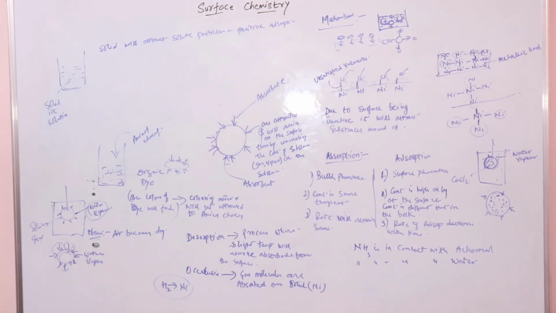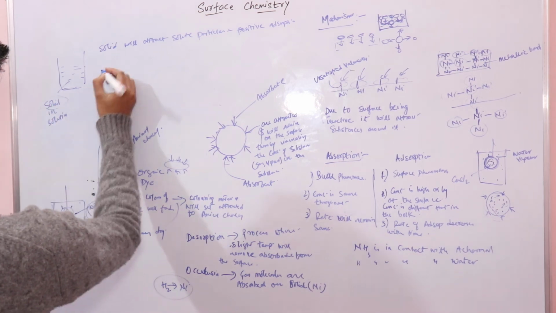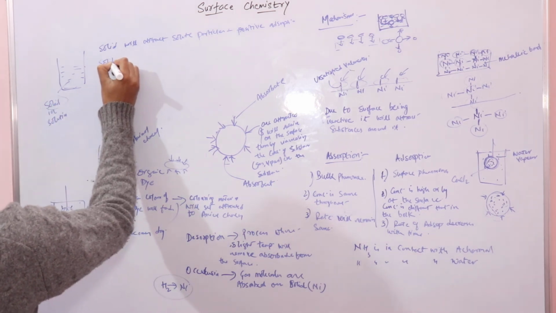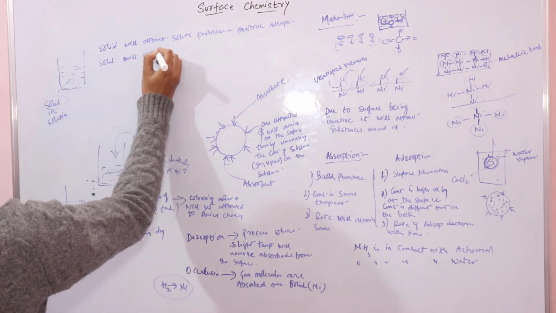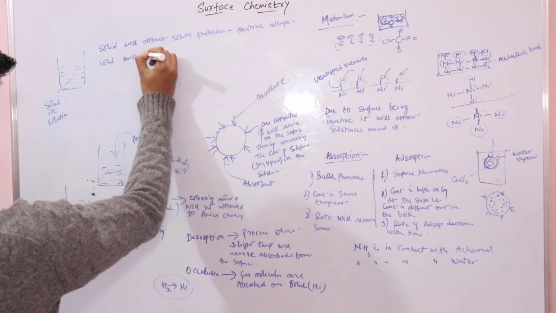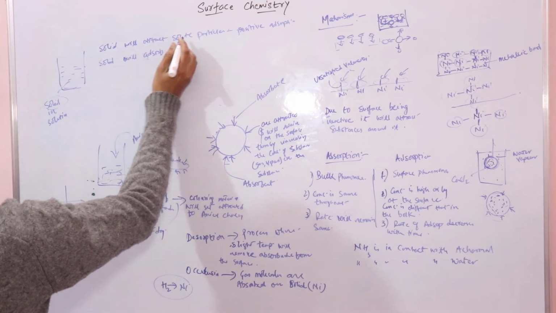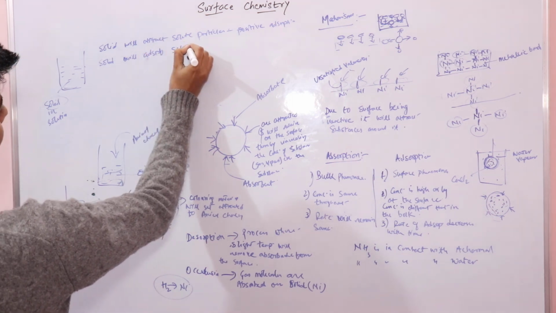So what could be the case? Solvent from the solution may be adsorbed by the adsorbent, right? Here this solid is your adsorbent. So the solid will attract, or say adsorb, solvent.